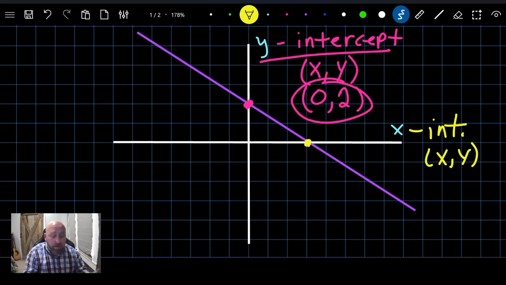So it's going to be 3 for our x and 0 for our y. That's the x-intercept, where our line crosses the x line. So 0, 2 for the y-intercept and 3, 0 for the x-intercept.